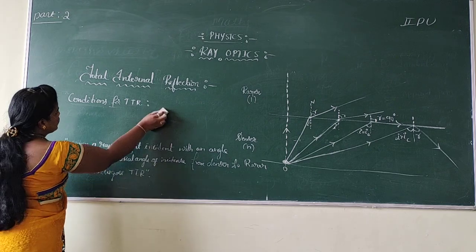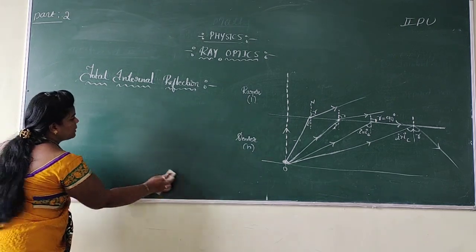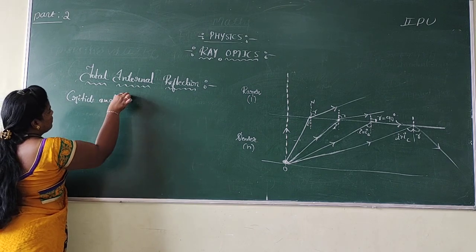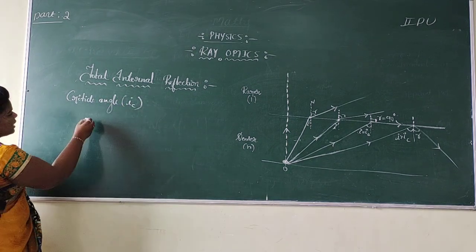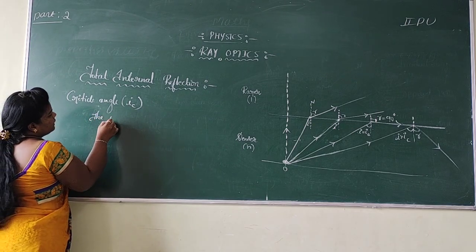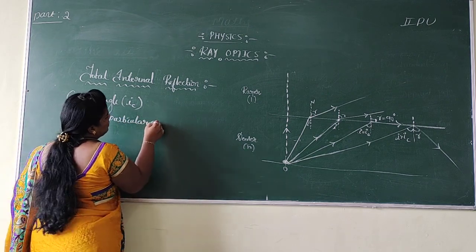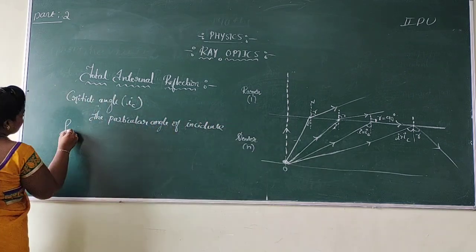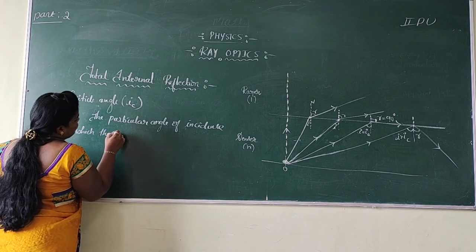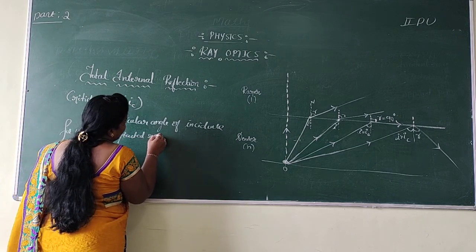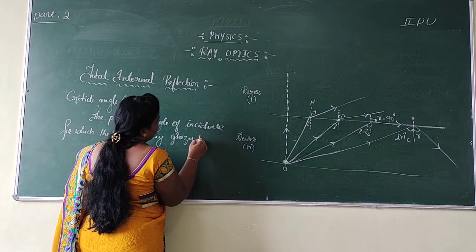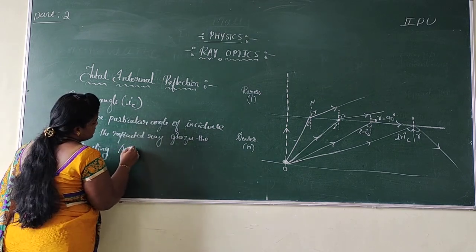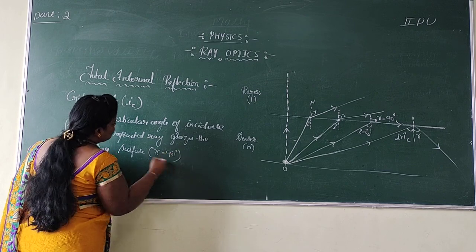Now let us see what is critical angle. Critical angle, represented by IC, is the particular angle of incidence for which the refracted ray grazes the refracting surface, that is, for which R, the angle of refraction, is equal to 90 degrees.